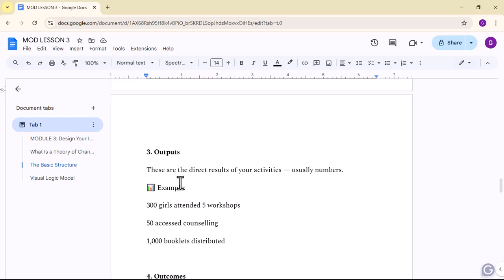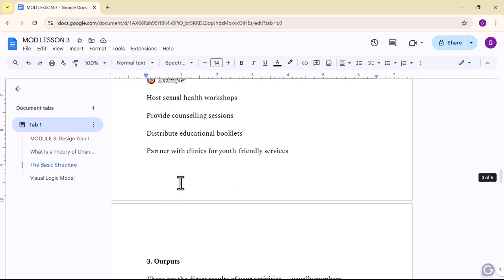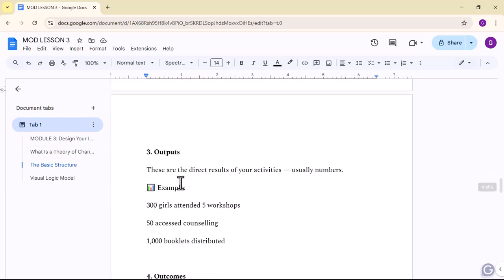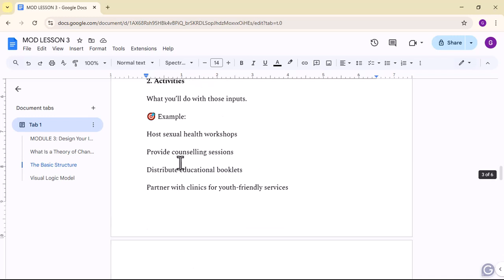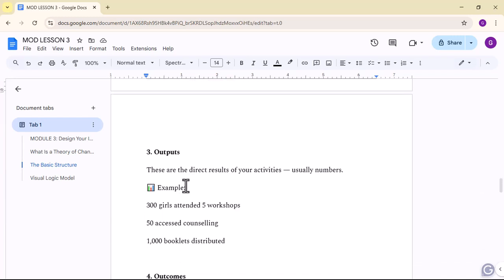We talk about activities, like hosting sexual health workshops, and then the output is the direct result of those activities. For example, 300 girls attended 5 workshops, 50 attended counseling, and 1,000 booklets were distributed. These are immediate results of activities, right?